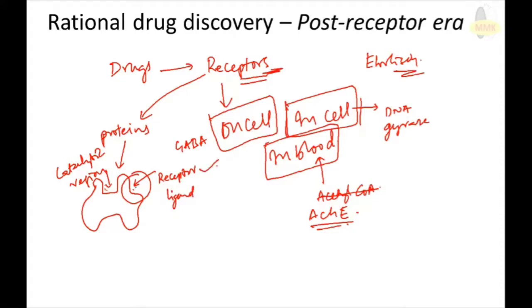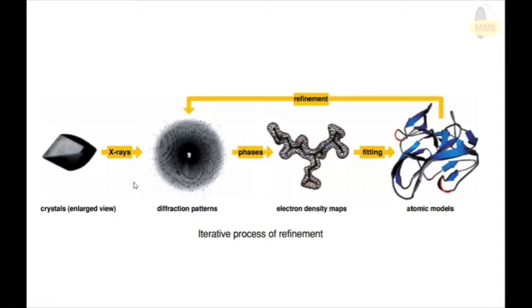Now if you know the shape of the receptor, you can design a molecule. That is our understanding right now. I'll give you an example. Proteins are now crystallized, and crystalline proteins are submitted for X-ray crystallography, which gives us an atomic model of the three-dimensional structure of the protein.